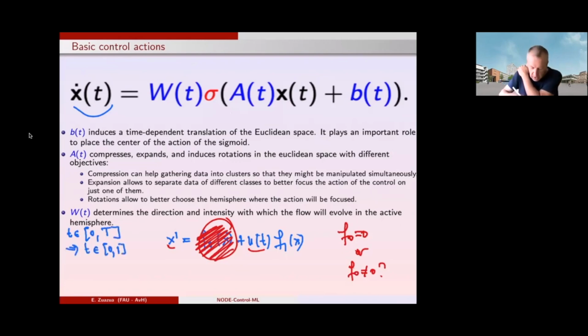Why can we achieve the same result, say, moving from x0 into a given target that I call x1? Why, if I can control the system from x0 into x1 in time T, in the absence of this drift term, can I also do it in time 1?